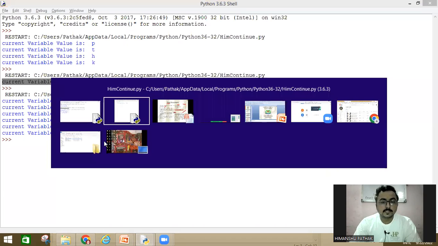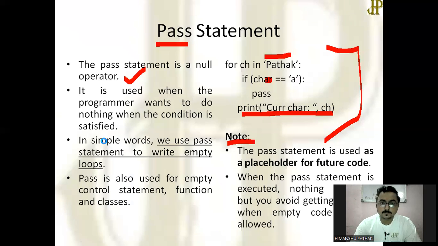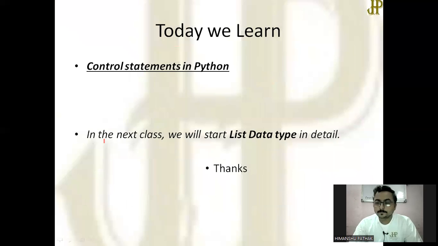So that's it from the control statement. Okay. I think it is very clear to you when to use the continue statement, when to use break, and when pass will be included.